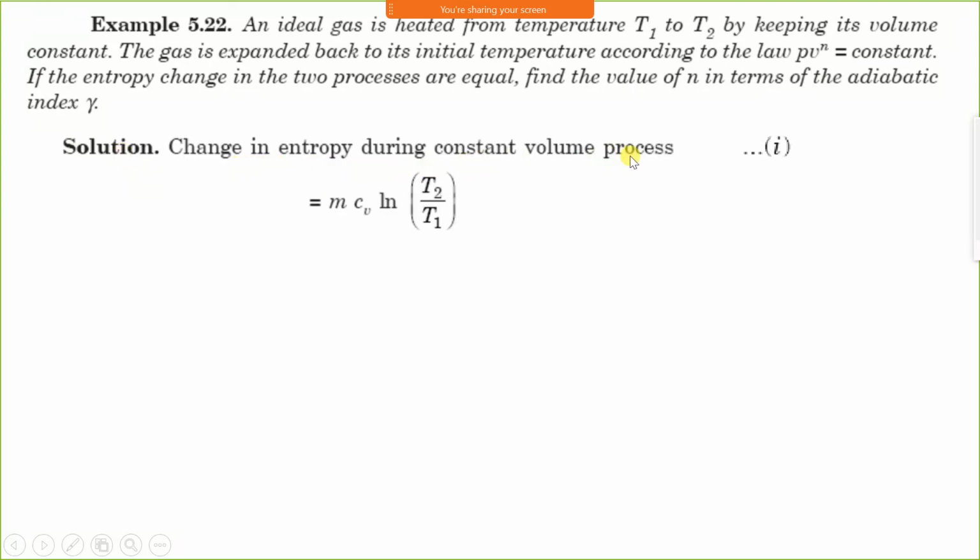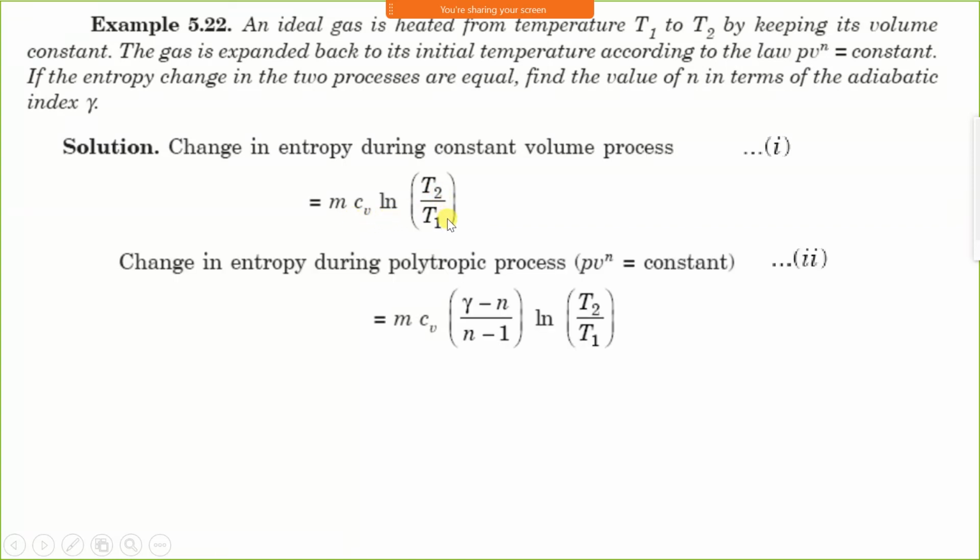Change in entropy during the constant volume process is m Cv ln T2 by T1. Change in entropy during the polytropic process is m Cv (gamma minus n) upon (n minus 1) ln T2 by T1. We already derived this expression. Here we are considering m because we are considering total entropy; whenever we consider total entropy, we multiply the term by m.